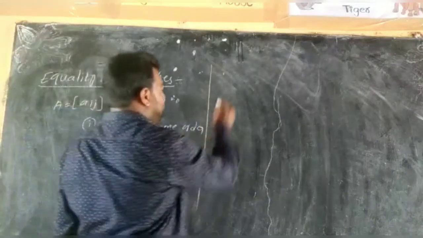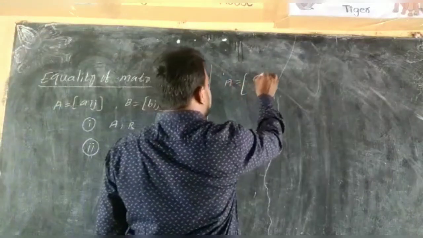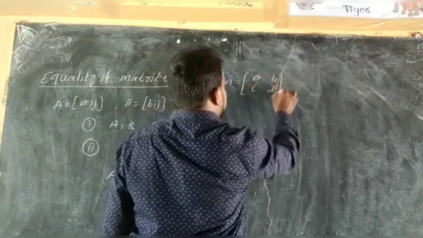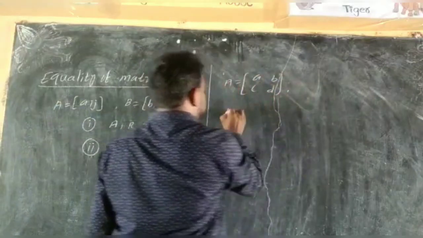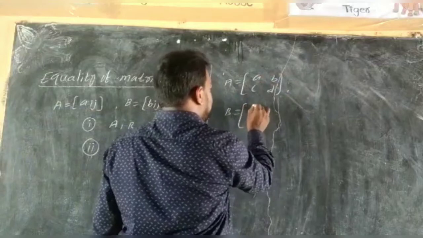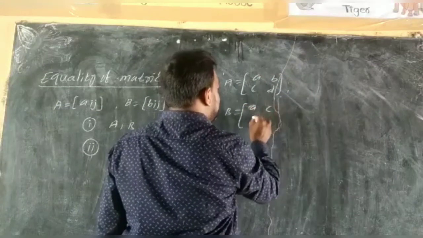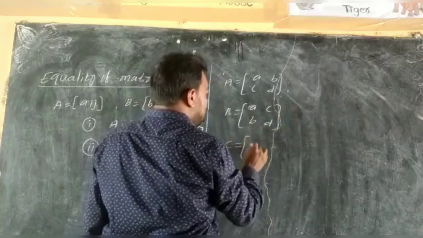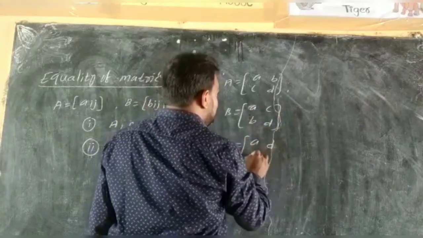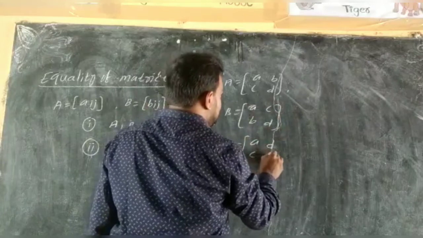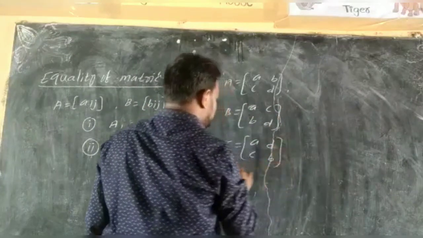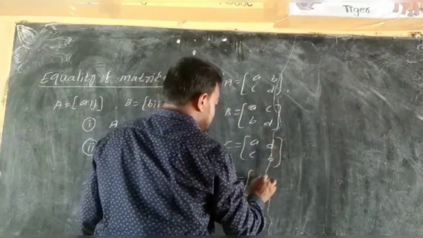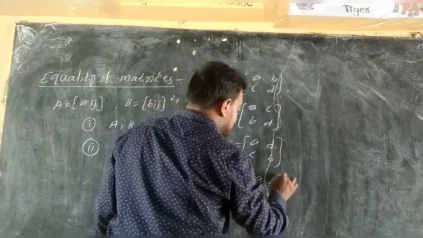You see one example. I am writing A equals [a b; c d]. Next, B equals [a c; b d]. C equals [a d; c b]. D equals [a b; c d].